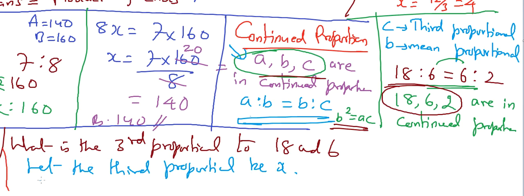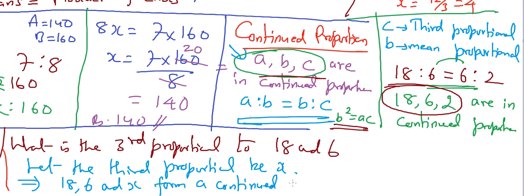Which implies 18, 6 and x form a continued proportion. That means the square of the middle one is equal to the product of the other two.